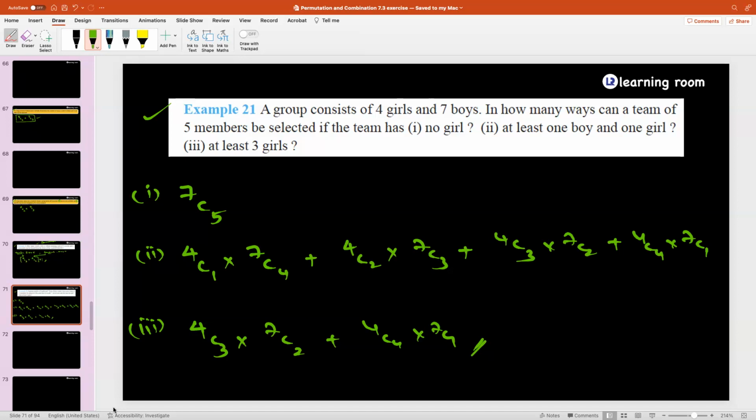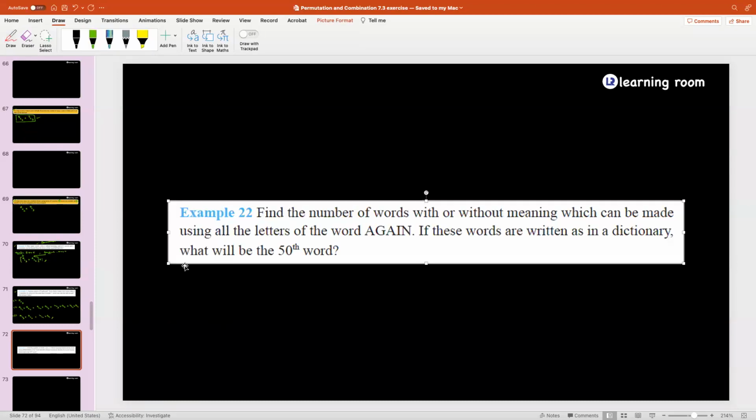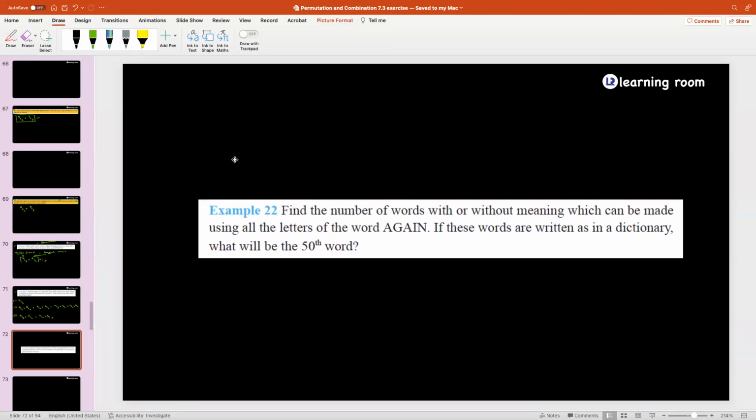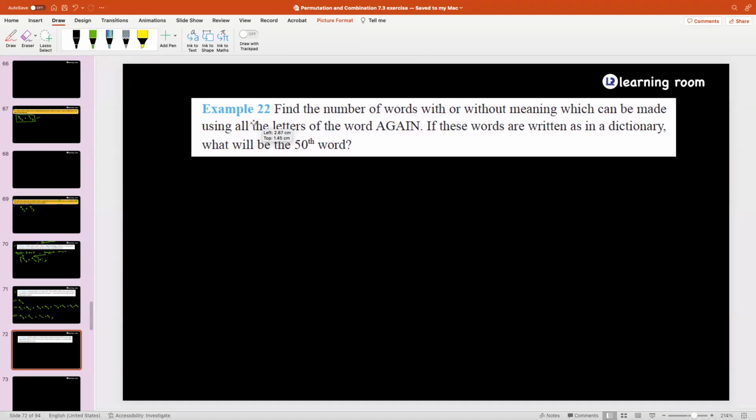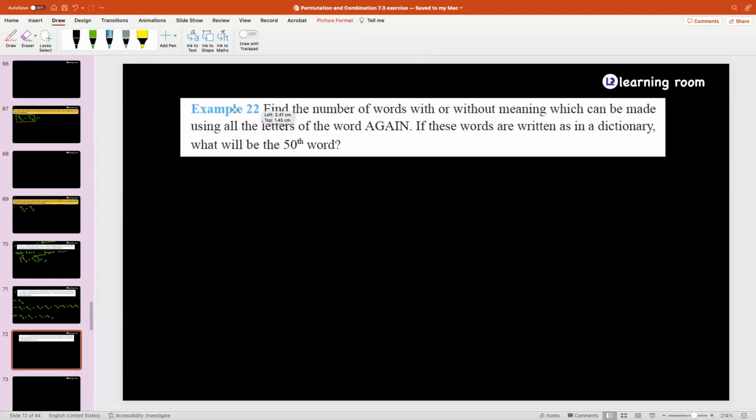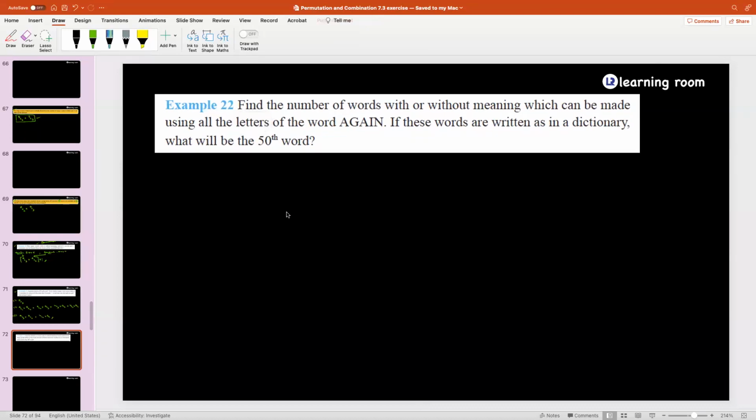The next one is a good problem. Find the number of words with or without meaning which can be made using all the letters of the word again, if these words are written as in a dictionary.